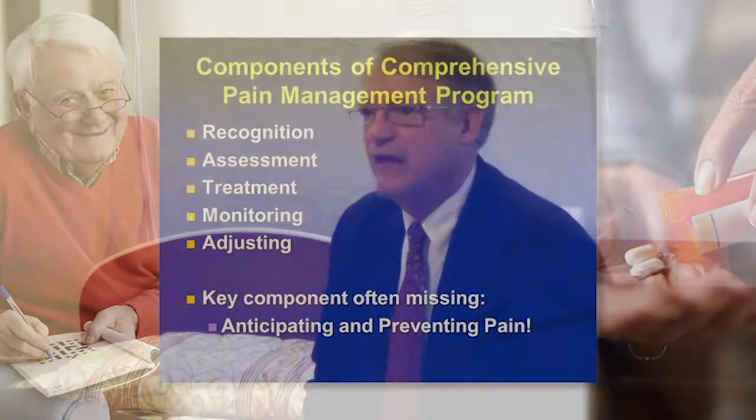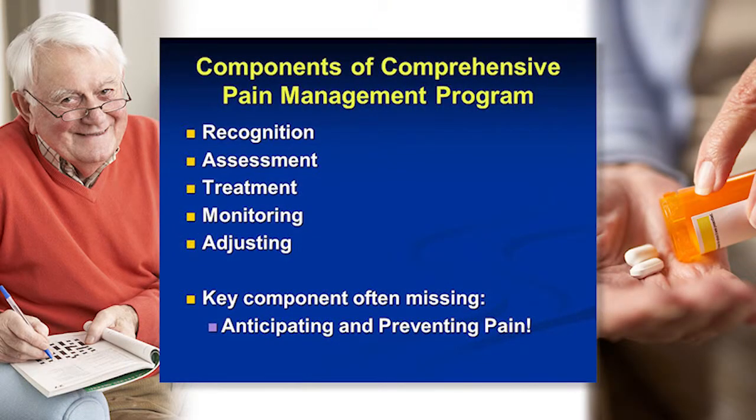Any pain management program should include everything from our recognition of pain, initial assessment as far as both the quantity and quality of that pain, and then putting into place a treatment protocol that includes both medications and non-medication therapies, then monitoring the response to that treatment protocol, and then finally an adjustment or optimization of that therapy.